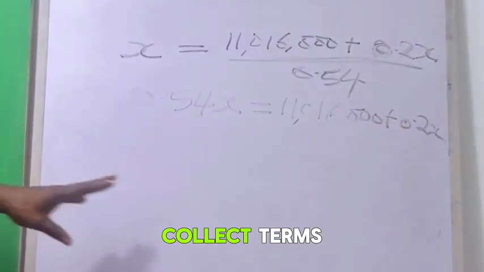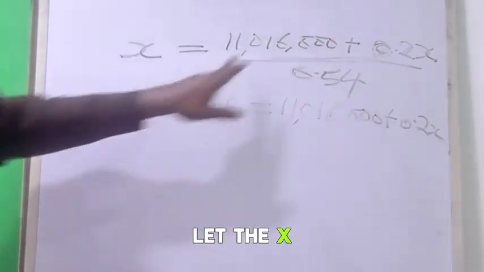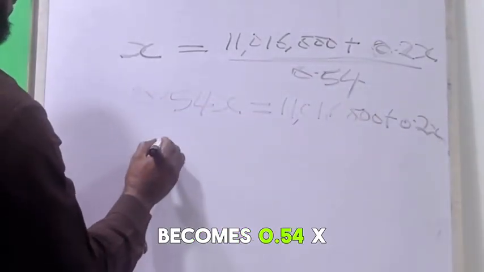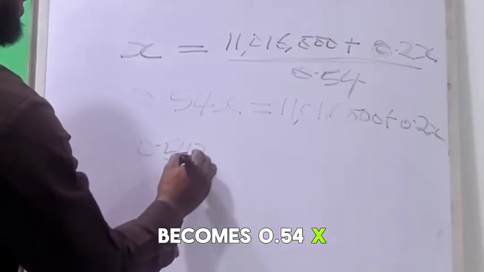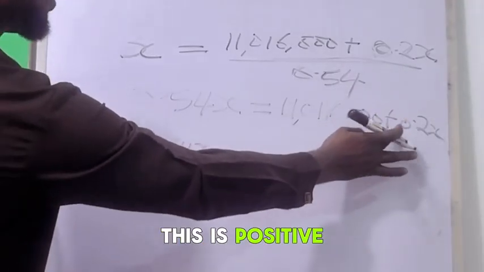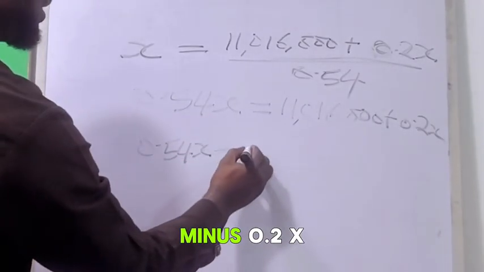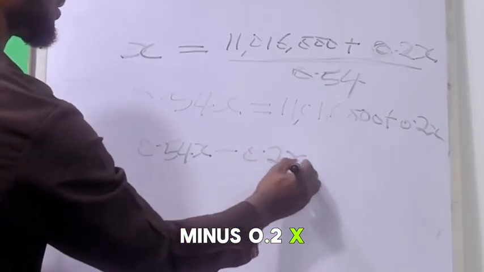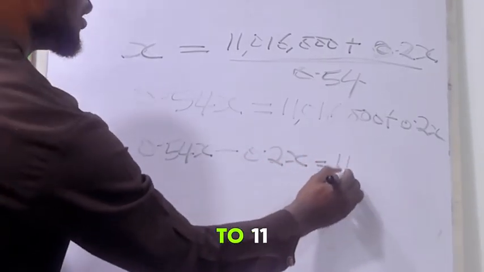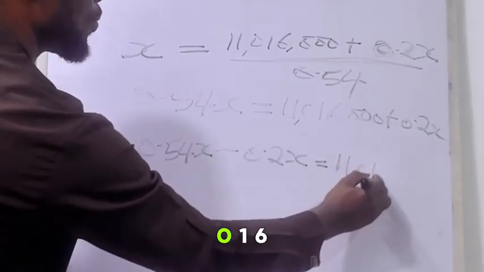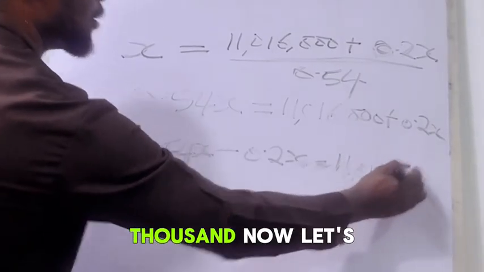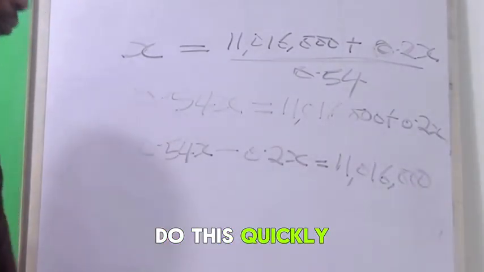At this point, we can collect terms. Let the x cross to this side, so it becomes 0.54x. This is positive; coming here becomes minus 0.2x, which is equal to 11,016,000.